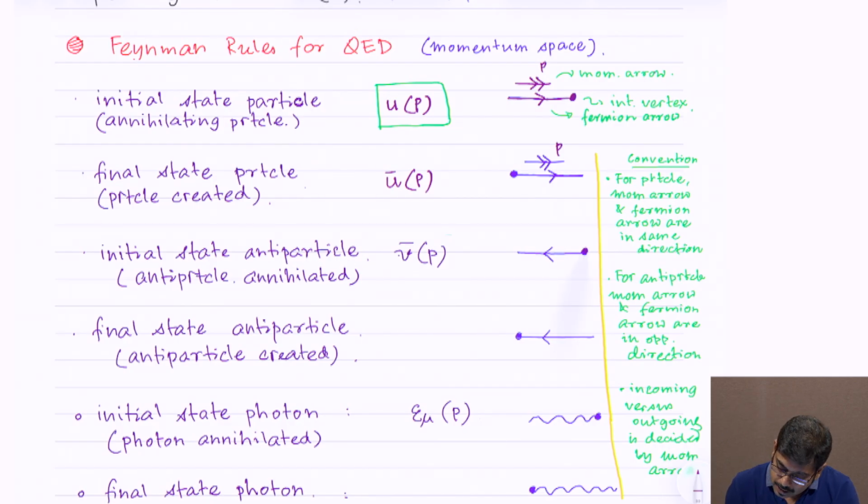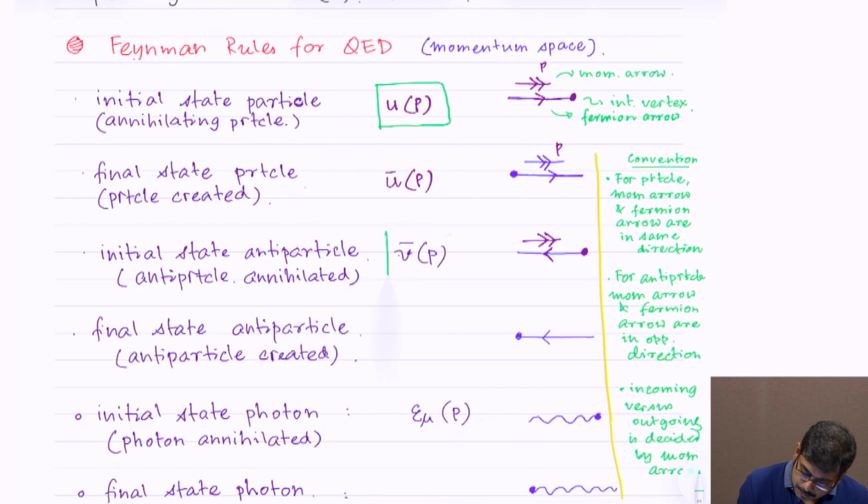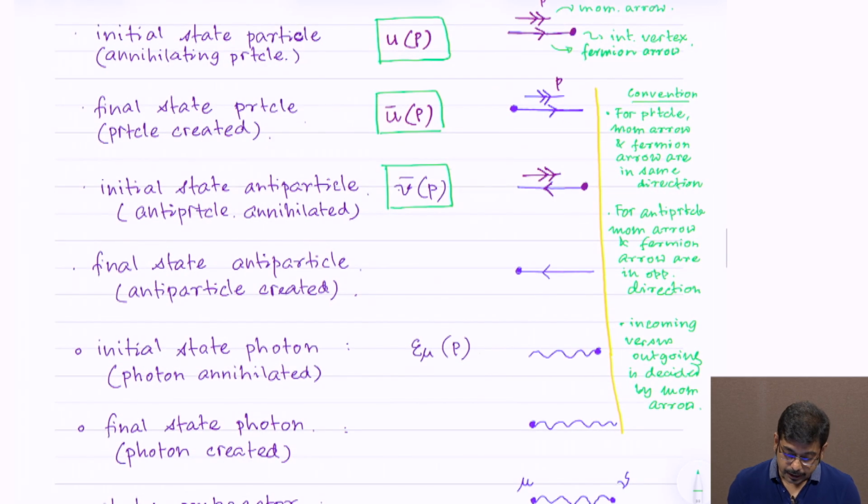So, if this is the vertex, then the momentum is flowing towards the vertex, and so the fermion flow, or fermion line, this arrow will be flowing out of the vertex, and this clashing of the momentum arrow and the fermion arrow denotes that this is not a particle but an antiparticle, and this is denoted by v bar of p. So, this is my initial state antiparticle.